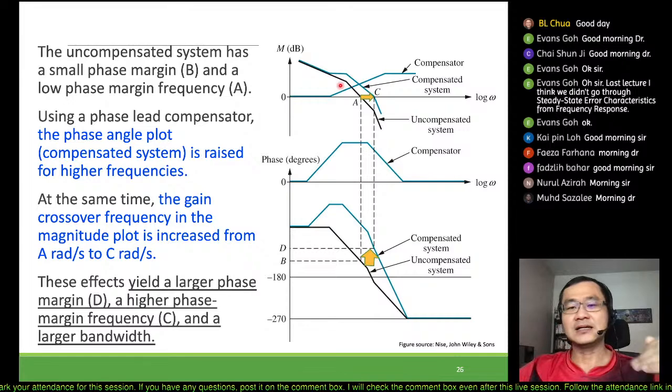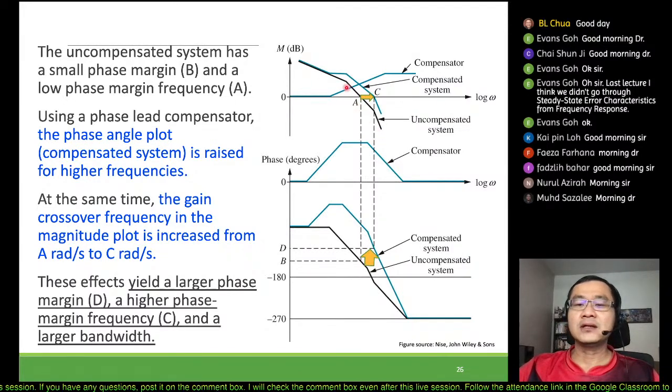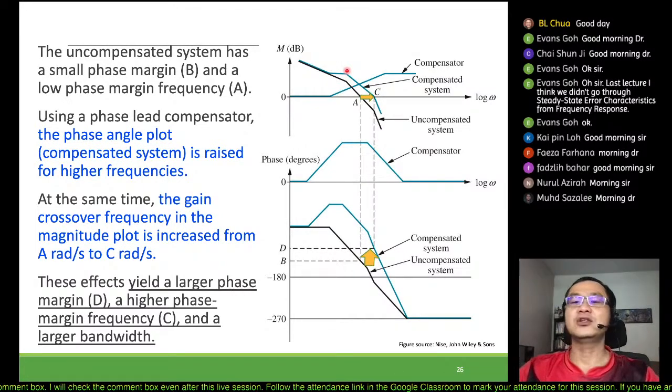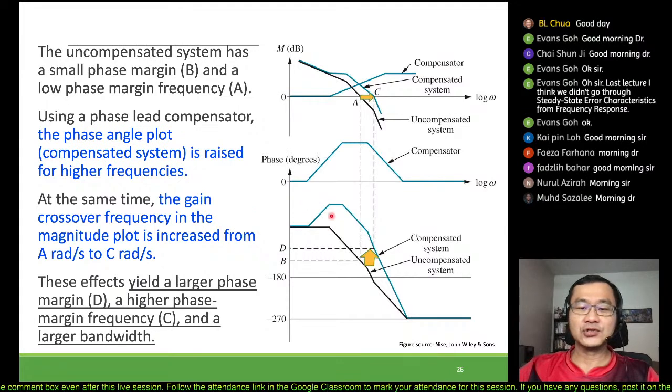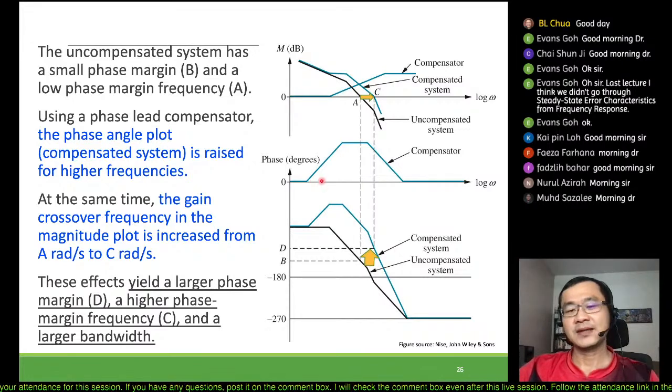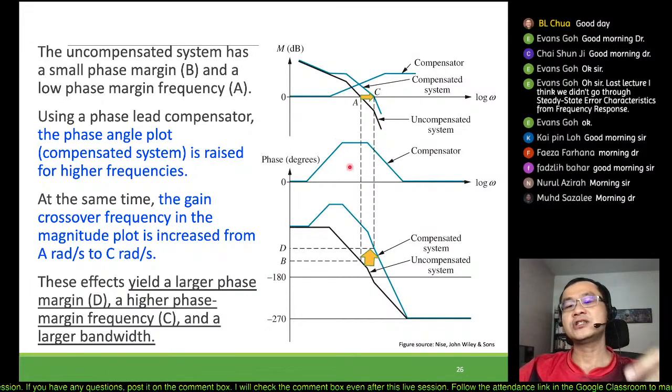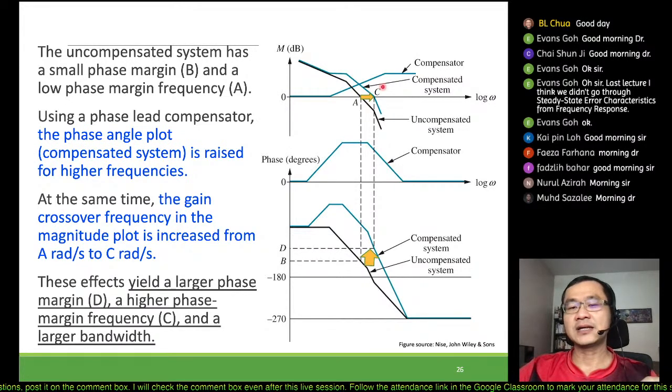So the uncompensated one will now be adjusted to a higher magnitude. Then the phase plot itself is also adjusted in the opposite direction, up, before going down again due to this line. Every time there is a point change, you have one line, and due to this point change, you have another line going down.